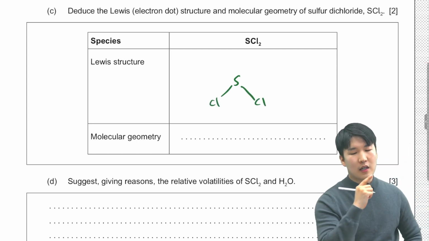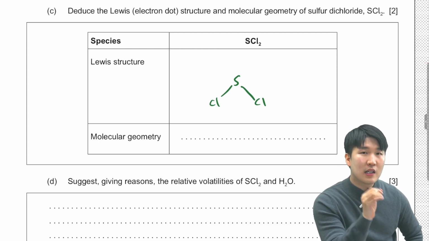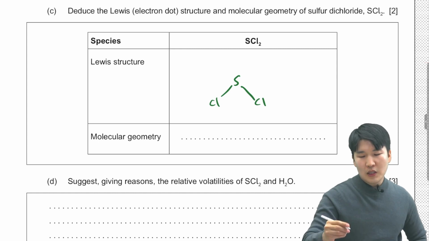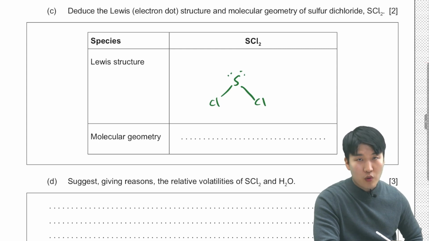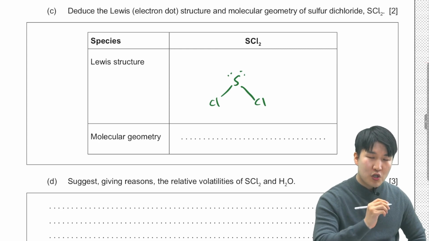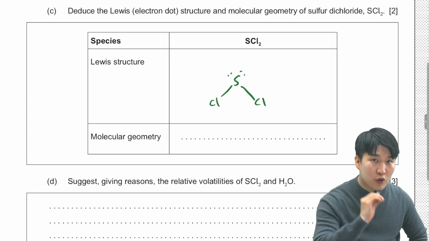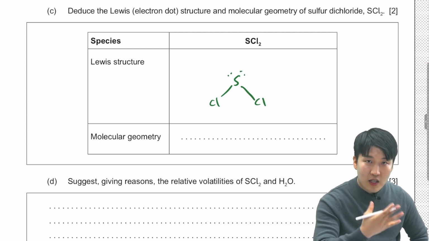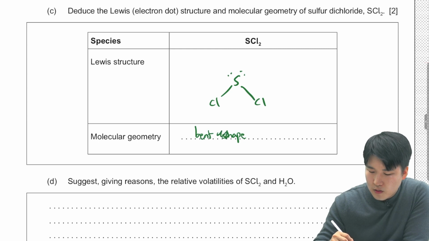Sulfur has how many valence electrons? 6, out of which 2 have been used in bonding pairs, meaning the remaining 4 will be used in the 2 lone pairs as drawn right there. 4 electron domains, out of which there are 2 bonding pairs and 2 lone pairs. And what molecular shape do we refer to this? We refer to these as bent shape. Bent or V-shaped.